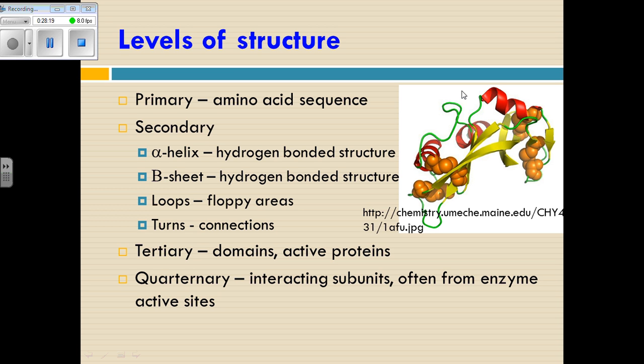Okay, so what are the levels of structure? The first and simplest is the primary sequence, or the amino acid sequence. Okay, this is literally what order do the amino acids come in. This is the easiest one to figure out, and your body needs nothing more than this amino acid sequence to make a perfectly folded protein. Unfortunately, we are not able to replicate this in the lab all that well. There are too many other things that go on.